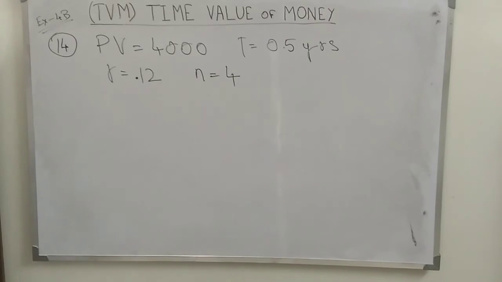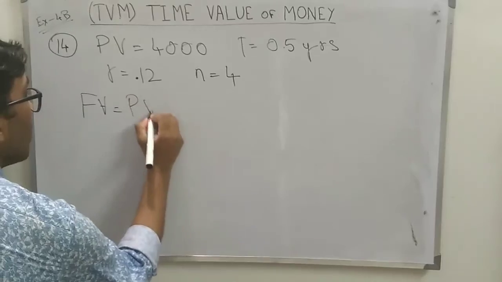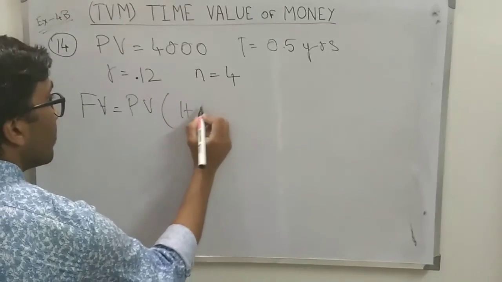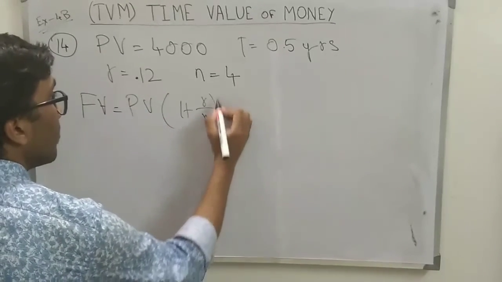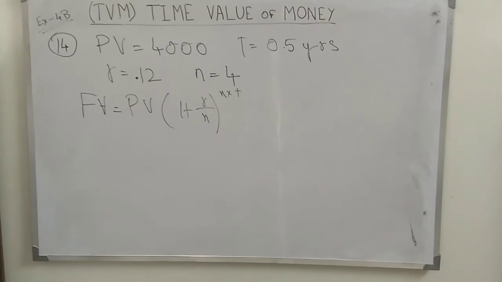So the formula is FV is equal to PV into 1 plus R by N to the power N into T.